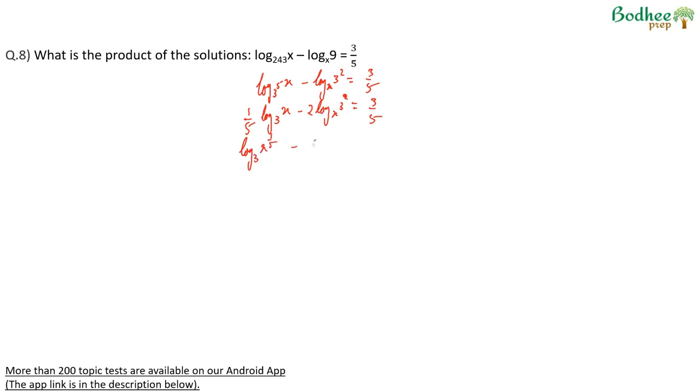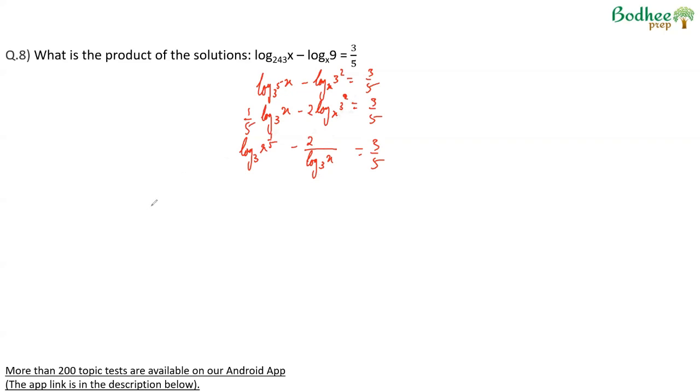minus, this can be written as 2 upon log of x to the base 3. Log of 3 to the base x is 1 by log of x to the base 3. This is 3 by 5.